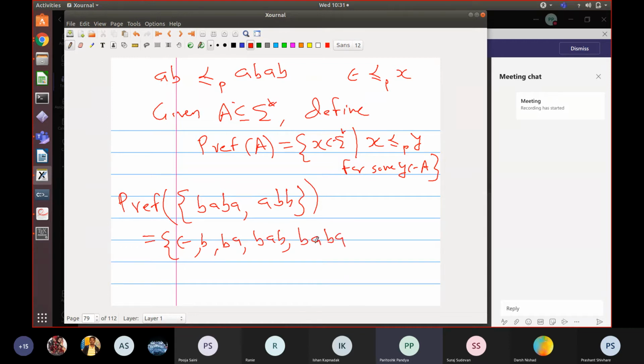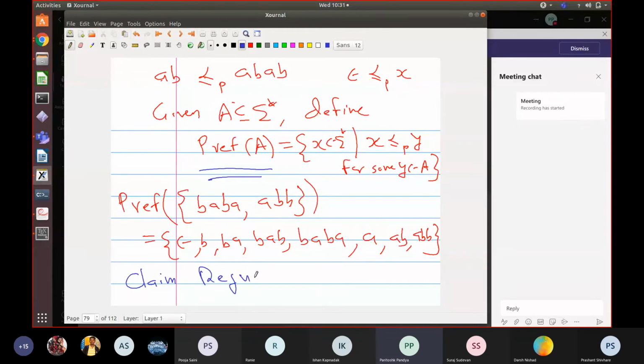So a word is a prefix of itself. It is not a proper prefix of itself, but it is a prefix of itself. So for BAB we get these 4 prefixes. And similarly for ABB, what we will get? Epsilon is already there. Then we will get A, then we will get AB, and we will get ABB. So is the notion of prefix of a language clear to you? Yeah? Clear.